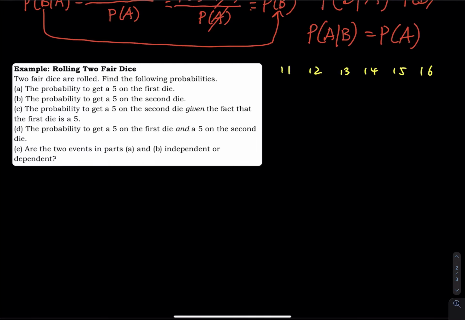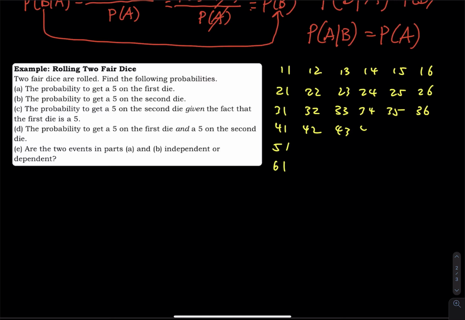So it can be 2 1, 2 2, 2 3, 2 4, 2 5, 2 6. 3 1, 3 2, 3 3, 3 4, 3 5, 3 6, 4 1, 5 1, 6 1, and then I fill up the rest. 4 4, 4 5, 4 6, 5 2, 5 3, 5 4, 5 5, 5 6, 6 2, 6 3, 6 4, 6 5, and 6 6. There are 36 outcomes.